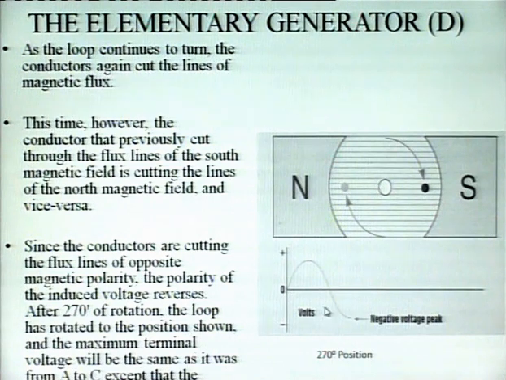So, in this position flux cutting increases from 0 to maximum, but in the negative direction.